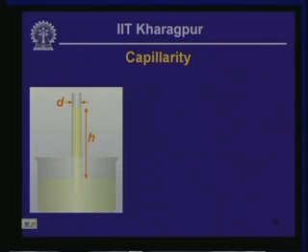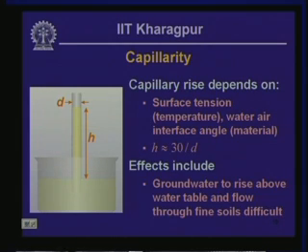The amount of rise of water is going to be controlled by several factors. One of them is the diameter of the tube, and the other factors depend on the property of the fluid and the interface between the fluid and the tube through which the fluid is being conducted. Capillary rise depends on the surface tension, and because the surface tension of water depends on temperature, the amount of capillary rise will also depend on temperature.